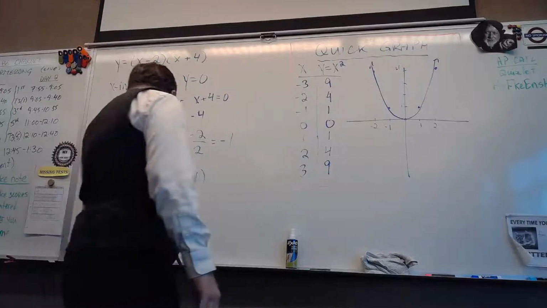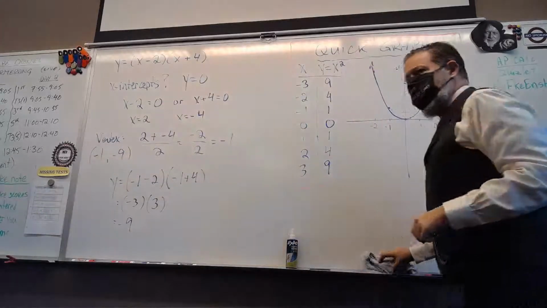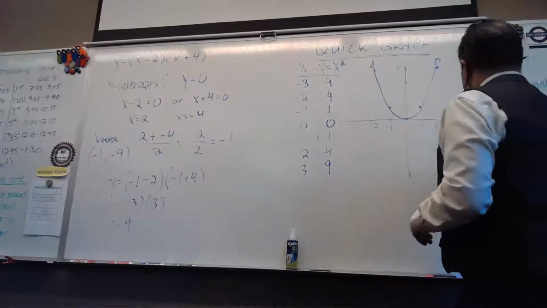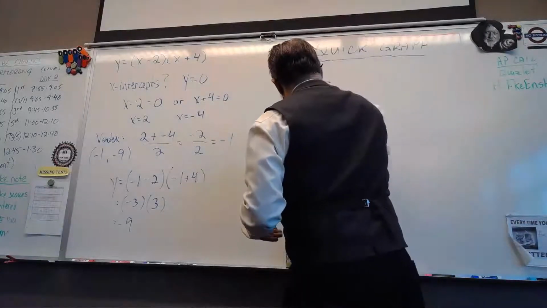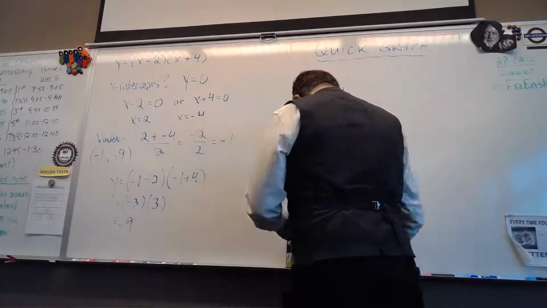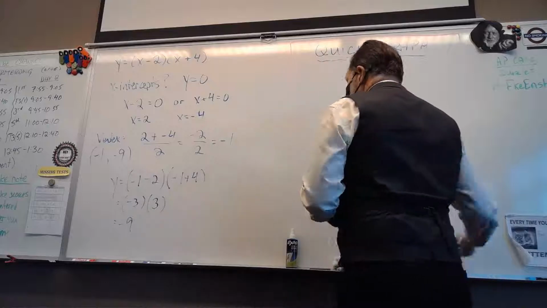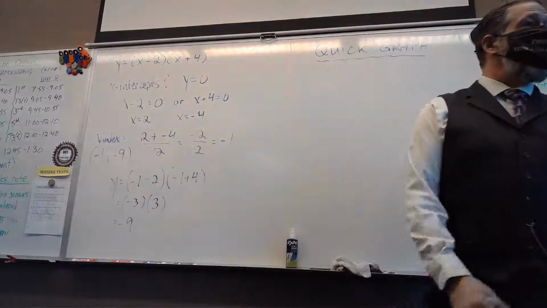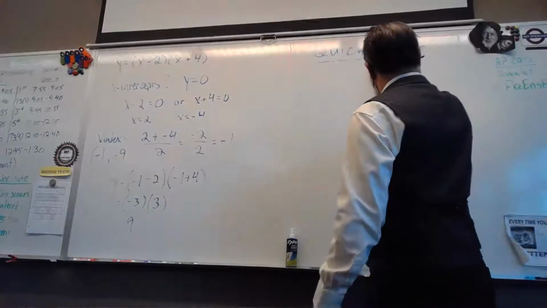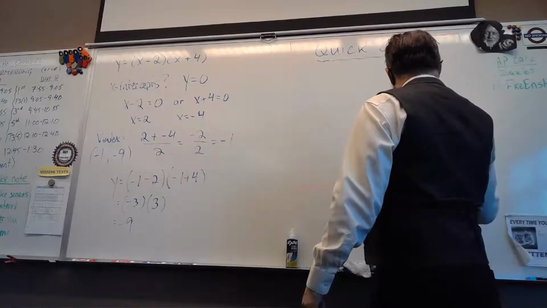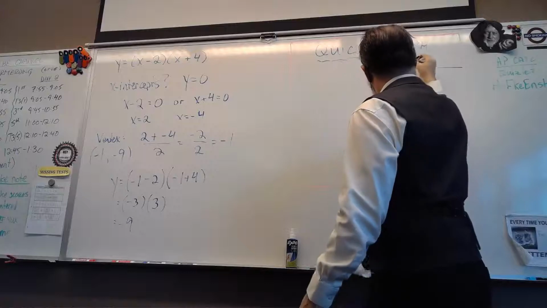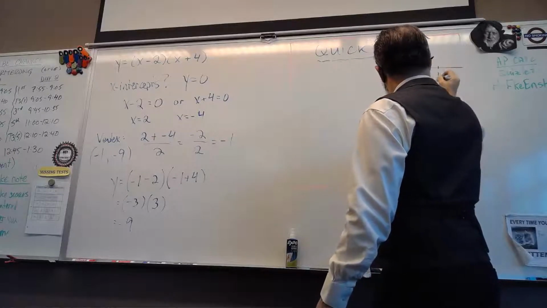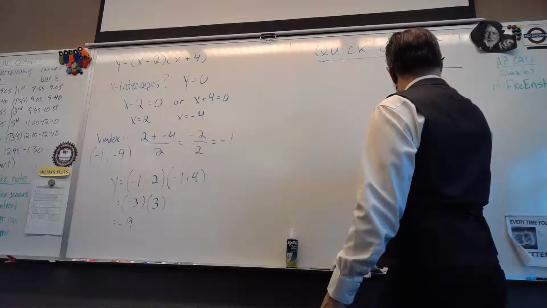So let's now do a quick graph of this new quadratic. And here's what this looks like. My vertex is at -1, -9. So I'm going to draw my graph over here.